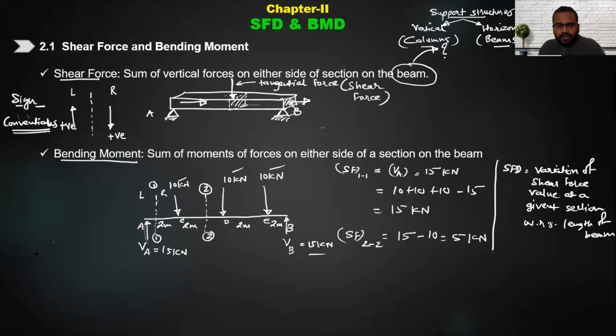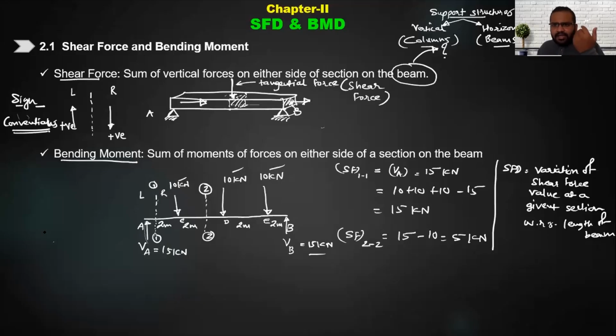Hello sir. Yes. Sir, if we change the values of VA and VB, then the shear force will not always be equal on both sides. I am not getting you. Sir, like if we write VA and VB as 10-10. I did not write that by my own choice, that is their value. We have calculated the support reactions. Sir, it is not necessary that it is equal every time. No, it will vary, it is going to vary, and that is what we are going to do. Of course, VA and VB are nothing constant here.